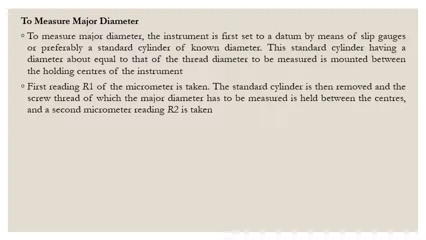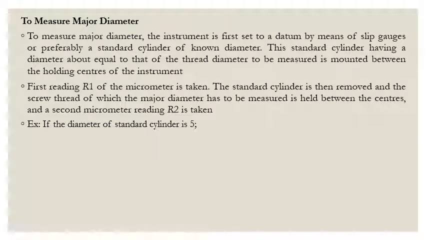Once the load is applied on the specimen such that the dial indicator is giving a reading of about 50 or 100, whichever we have considered earlier for the standard cylinder, the corresponding reading over the thimble has to be recorded, and let us call that the second reading R2.